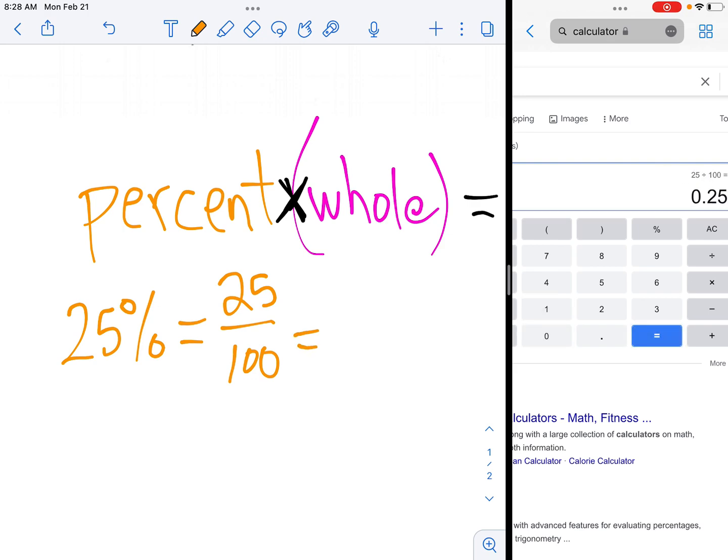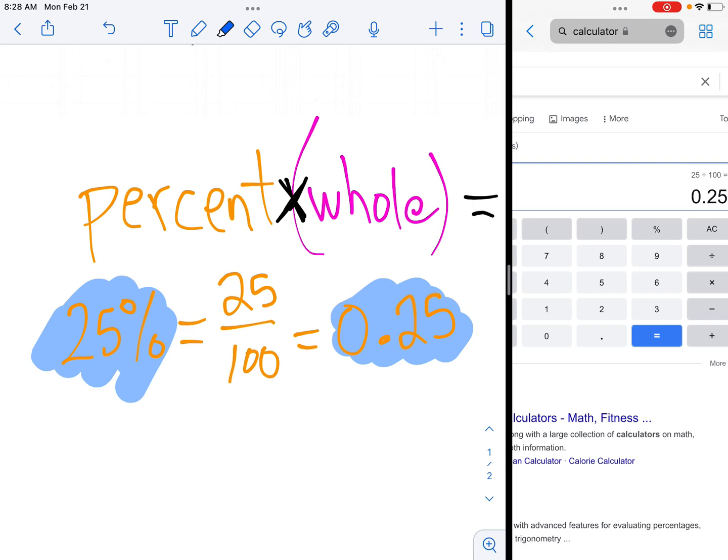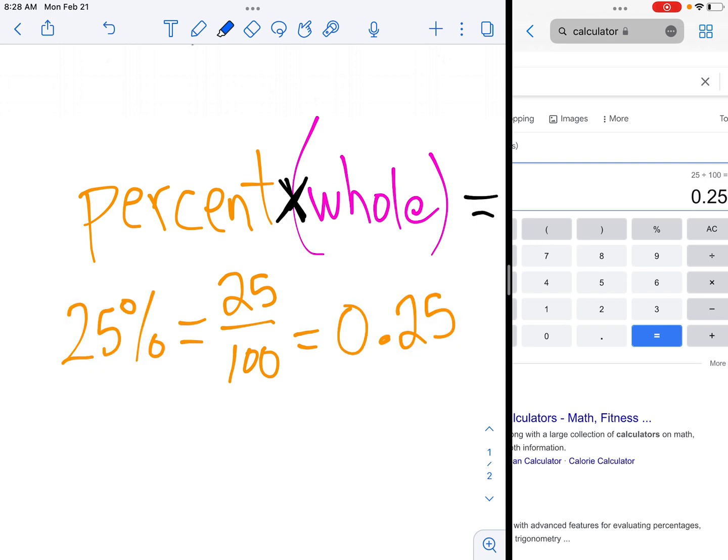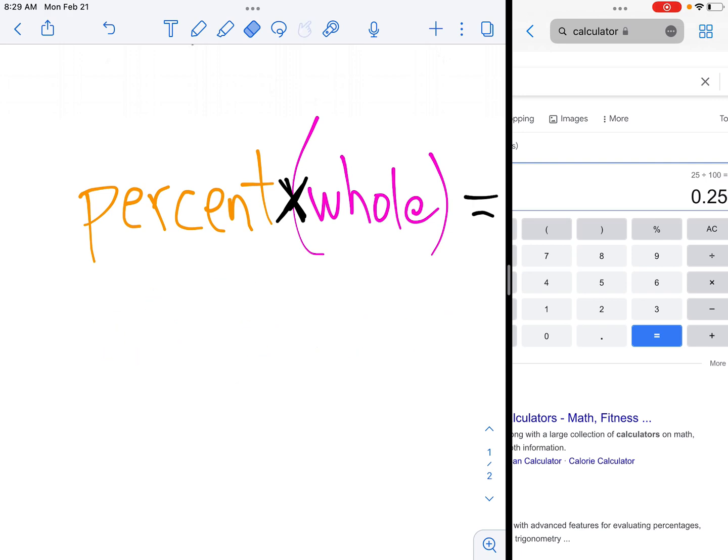That gives me this decimal. This is the form that we have to use. This one right here where it looks like a decimal. If you leave it as this first one, every single answer will be wrong, right? So you have to convert it to a decimal. All right, let's try a couple of these, and I think you'll catch on pretty fast.